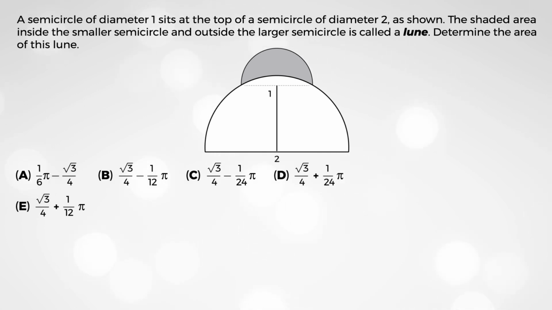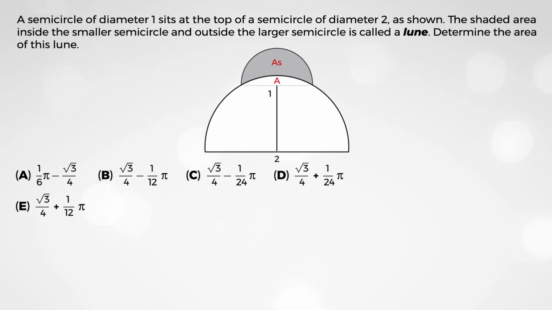So if I have this semicircle right here and I subtract from it this region right here, I will be able to get the area of the shaded region. I'm going to call this cap right here A, and this, of course, is AS, the area of the shaded region.